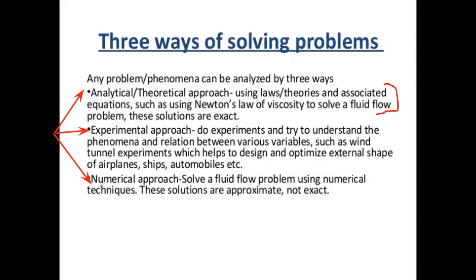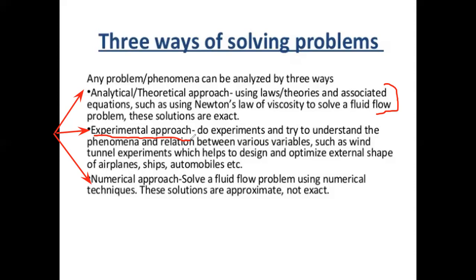The other two approaches are experimental and numerical. As we said before, experiments have a high advantage in that they take into consideration the real physical situation as a whole. So I don't have to neglect anything, because I'm really testing what is happening in a real case.